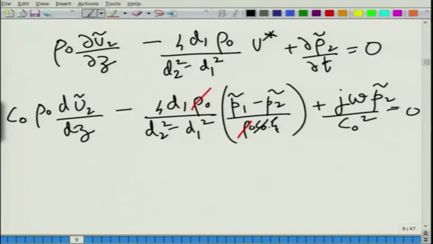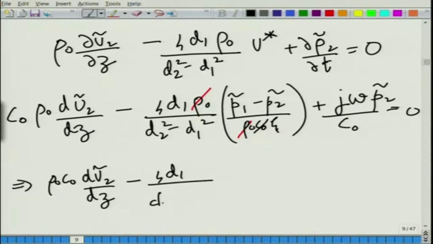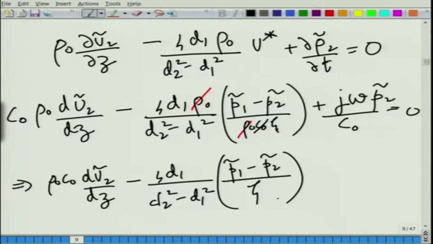So, this goes away and this thing is like this, and this will become, okay, plus j times K naught P2.